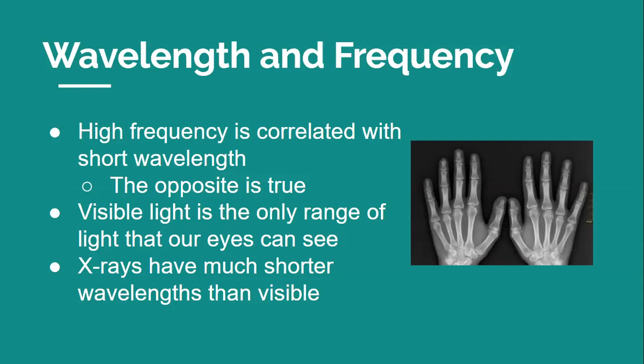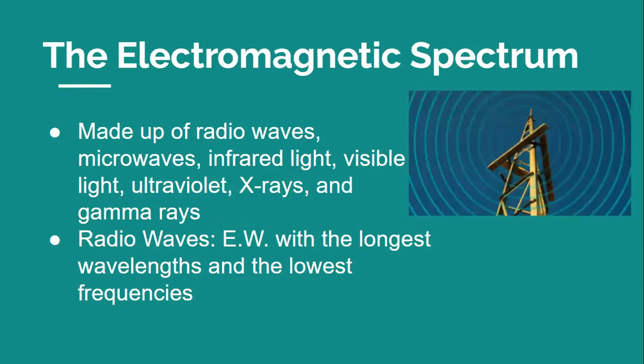The higher the frequency the wave has, the more energy it carries. Now, visible light is the only range of wavelengths that our eyes are made to see. Anything else, our eyes are not going to be able to detect. That is why we have the visible spectrum, in which we can see all the different colors.